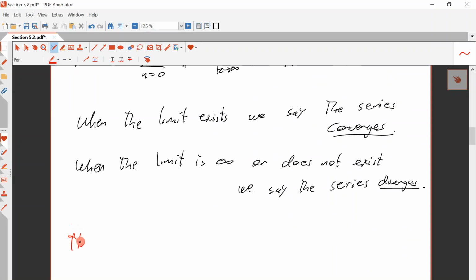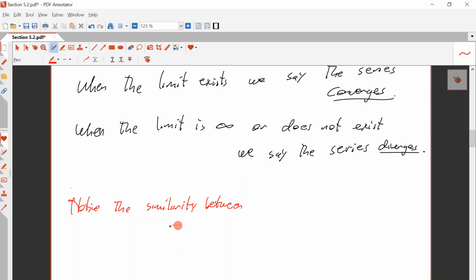Notice the similarity between the sum n equals 0 to infinity of a_n, which is the limit as k goes to infinity of the partial sum, and the integral from 0 to infinity of f(x) dx, which is equal to the limit as k goes to infinity of the integral from 0 to k of f(x) dx.